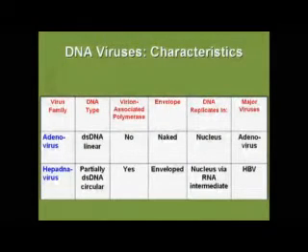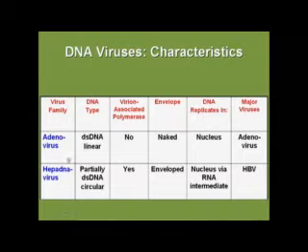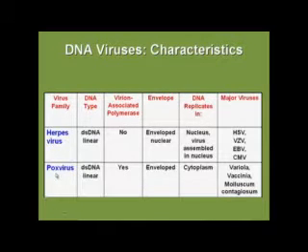So again, familiarize yourself with the different viruses in each family. Going down the table, adenovirus, one's pretty easy. Hepadnavirus, HEPA, meaning liver, DNA virus, okay? Herpes viruses, huge family of viruses.